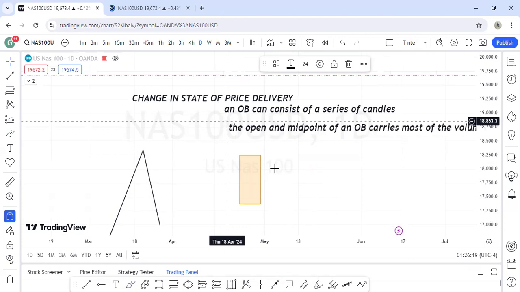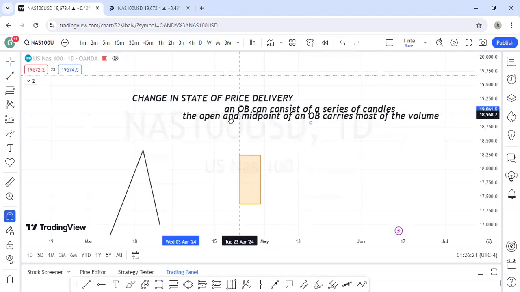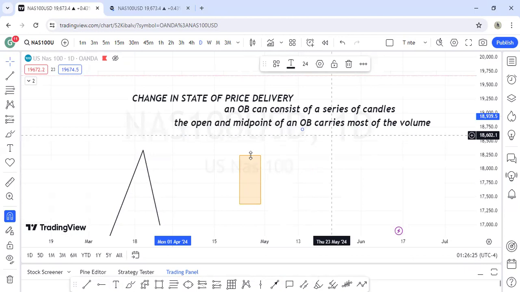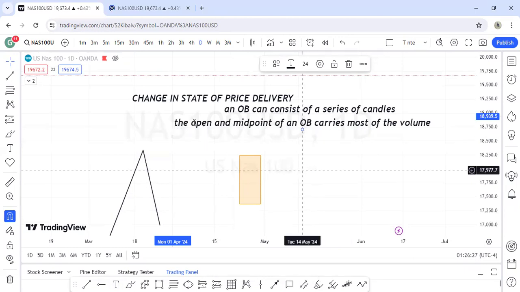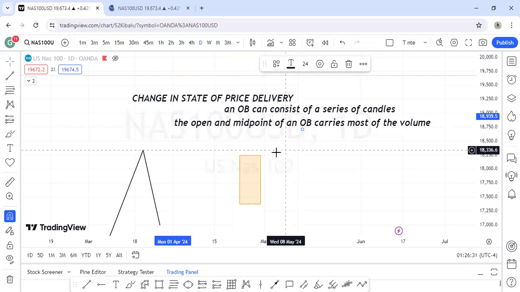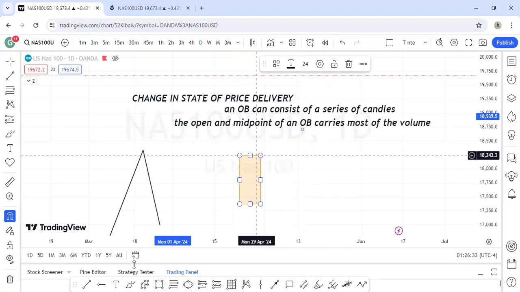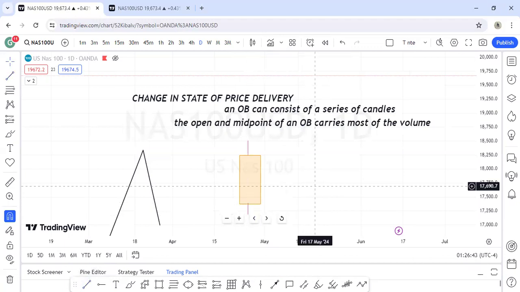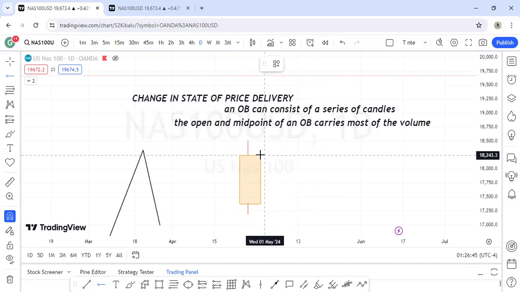So the open price and the midpoint of an order block carry most of the volume. If it's maybe 4 candles, just measure that and mark 50% of it. In every order block, you usually have the high of the wick and then the lower wick. The area that carries the most volume is the open price, which is here.